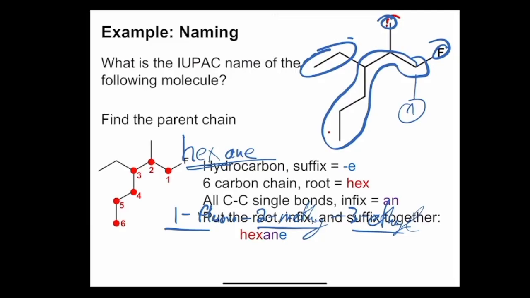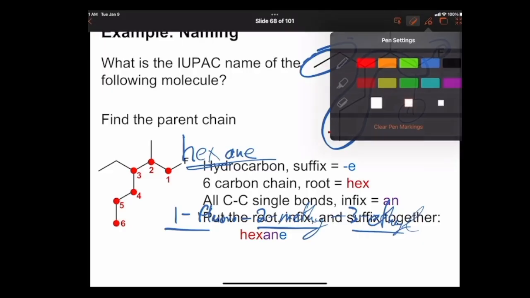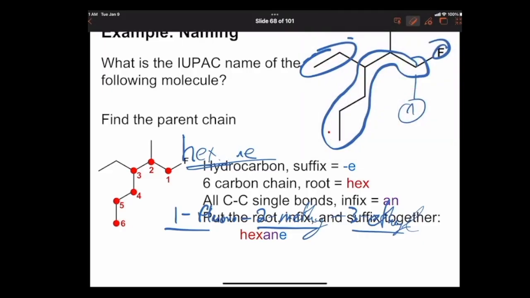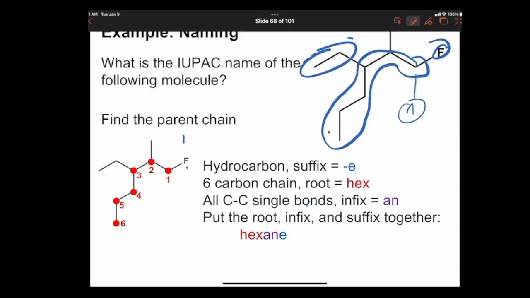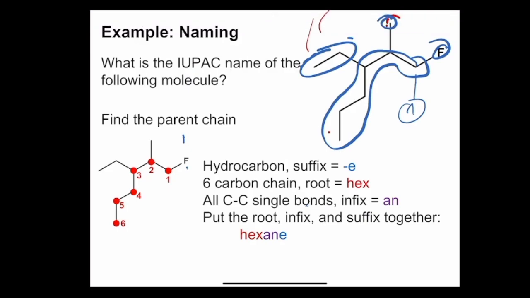Oh, wow, that sucked. Hold on a second. Let me erase all that. So, 6-carbon chain. It's a hexane. More importantly, it's not just any hexane. Oh, come on. Stop it, stop it.